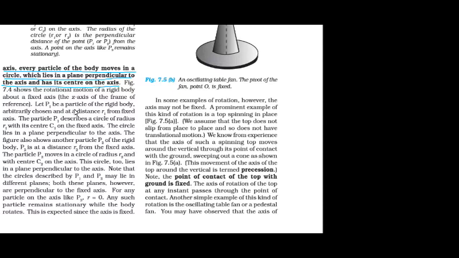Let P1 be a particle on the rigid body, arbitrarily chosen at a distance r1 from the fixed axis. The particle P1 describes a circle of radius r1 with its center C1 on the fixed axis. The circle lies in a plane perpendicular to the axis.